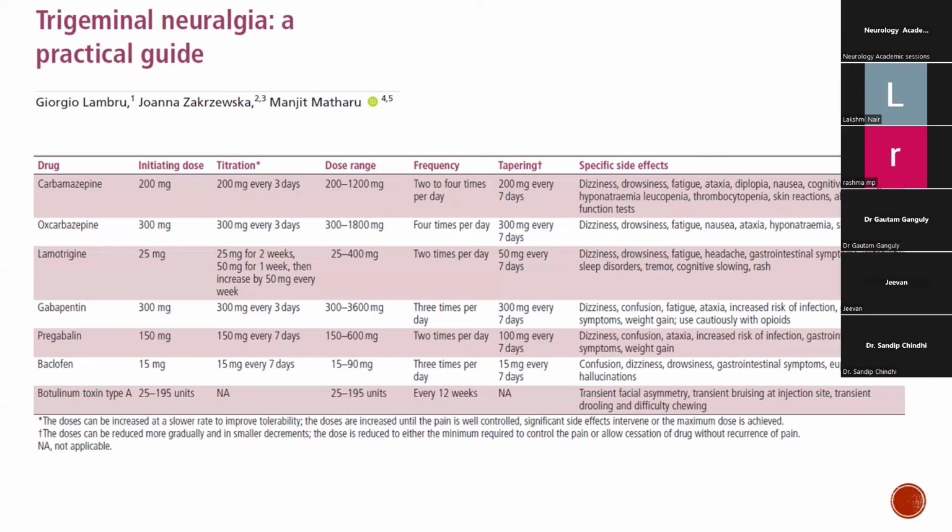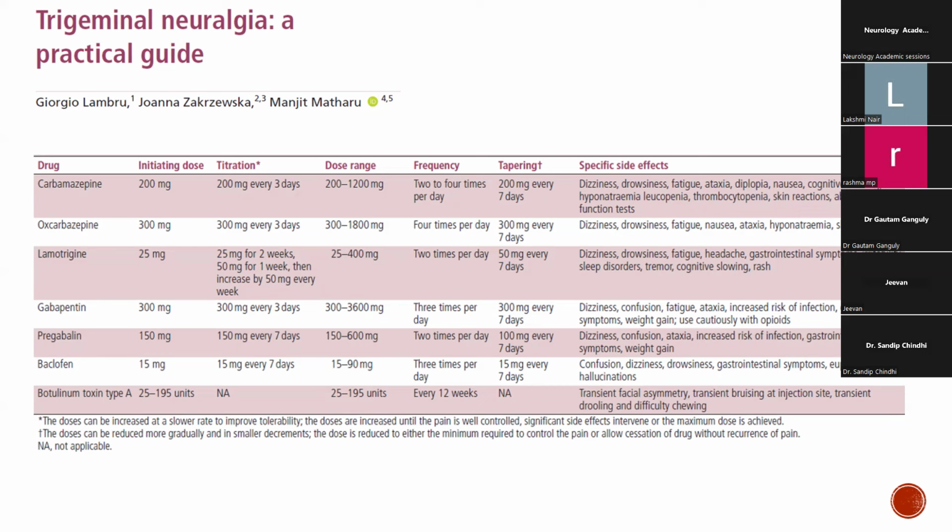Next is lamotrigine: the initiating dose is 25 mg for 2 weeks, then slowly titrate 50 mg for 1 week, then increase by 50 mg every week. The maximum dose should be 400 mg, which can be given twice per day. While tapering, also reduce by 50 mg every 7 days.